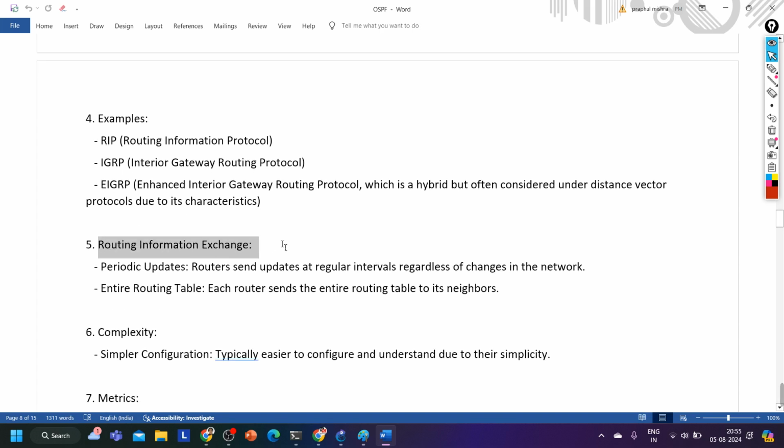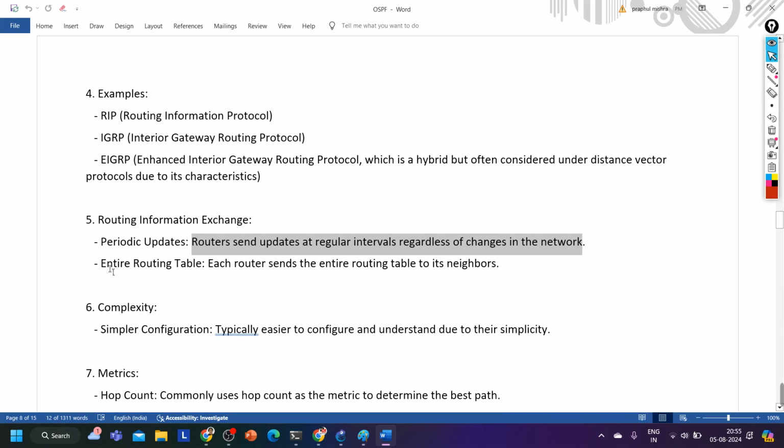Then, about routing information exchange, routes are exchanged periodically. Routers send updates at regular intervals regardless of changes in the network. Routers should only send their information whenever a change occurs, but in distance vector routing protocols, they send periodically.